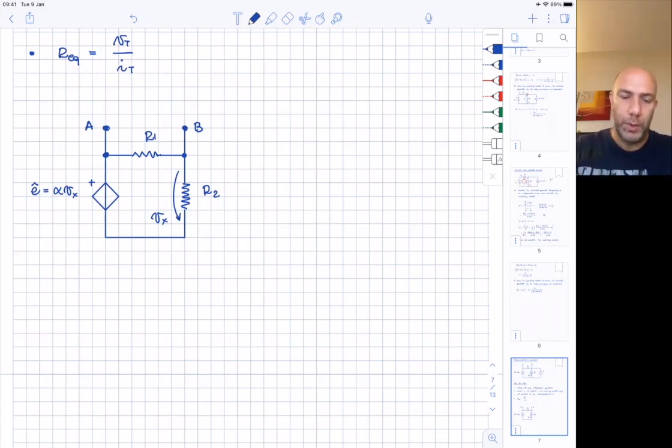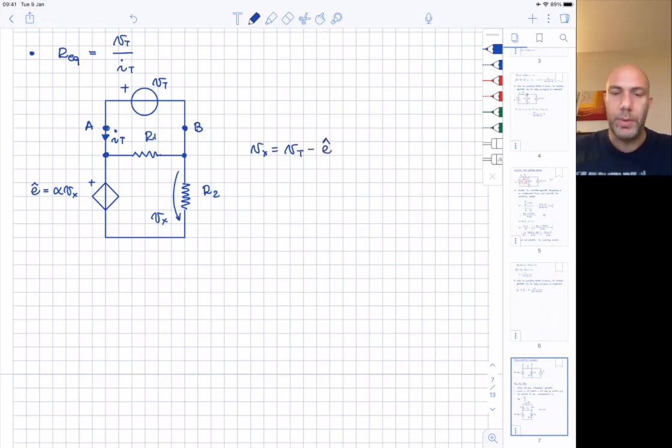In this particular case, for example, if we apply a voltage generator here, let's call this VT as a test generator, and then we calculate the corresponding current, IT, the solution of this circuit is pretty simple, in the sense that we have a circuit with two voltage generators, but in this case the calculation of the controlling variable is pretty simple, because in this specific case it's easy to say that Vx equals the voltage of the test generator minus the voltage impressed by the control generator, or if you want, VT minus α Vx.